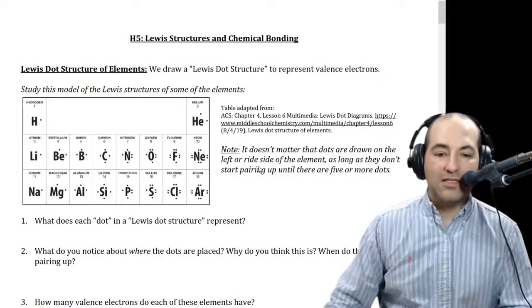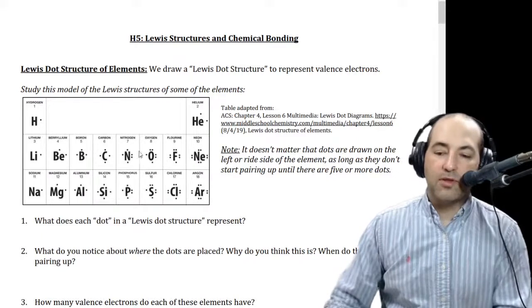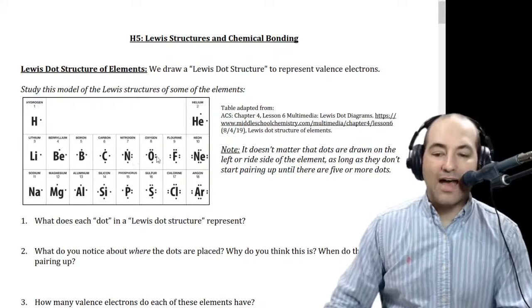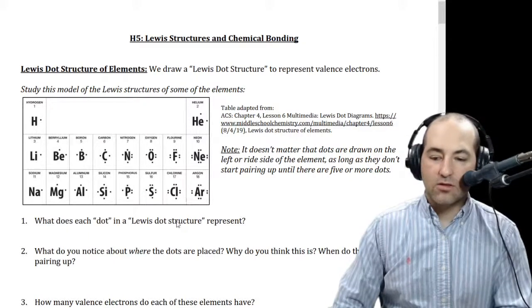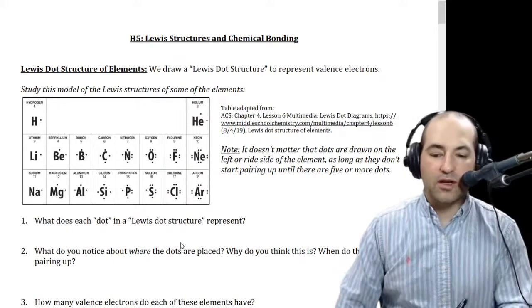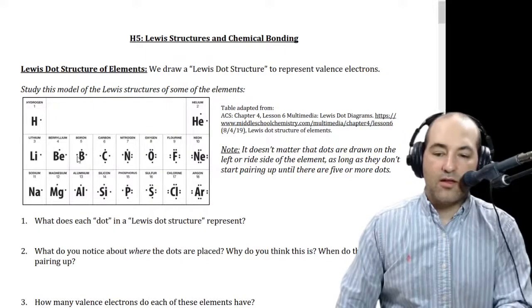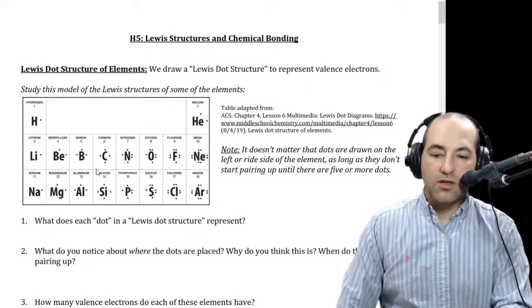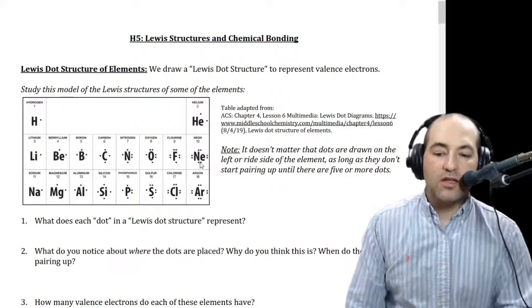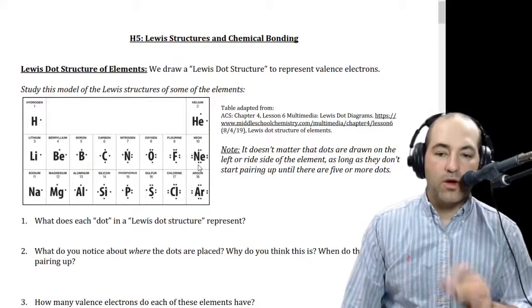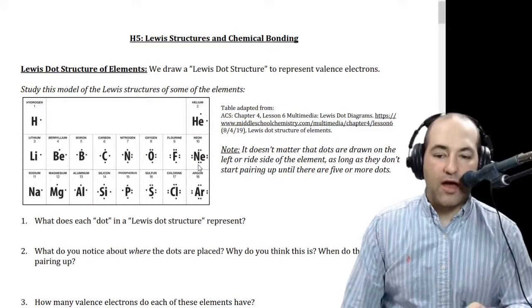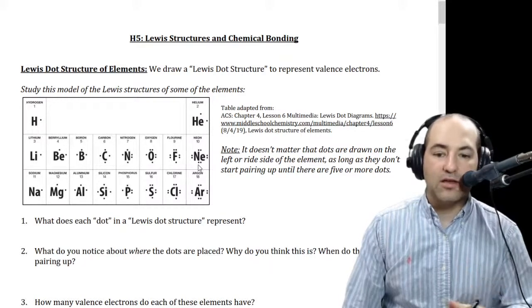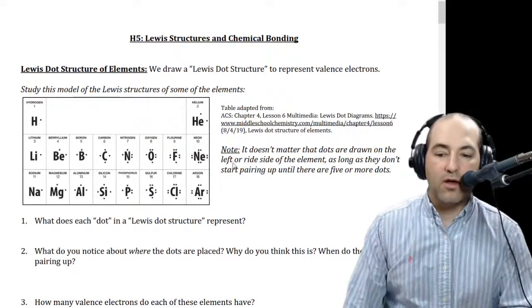Now, a Lewis dot structure is simply the atom with little dots showing their electrons. So that's what the Lewis dot structure represents. They represent the electrons. And then they get distributed in this particular way so that it's really easy to quickly visually check how many electrons they have and how many spaces they have, or how many areas that they could be paired up.